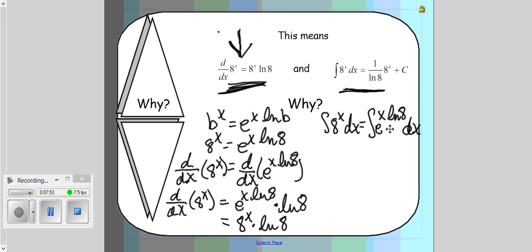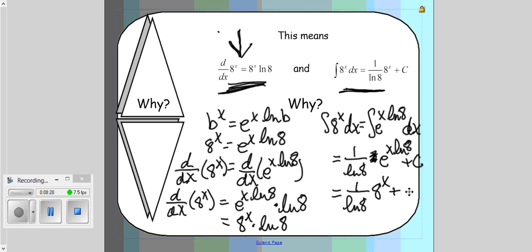When I integrate that, the integral of e to the x is e to the x, and then I have to offset the constant, so 1 over natural log 8 times e to the x natural log 8 plus c. And so that gives you 1 over natural log 8 times 8 to the x plus c. And so there's your property. That's exactly what we developed. We're doing good.